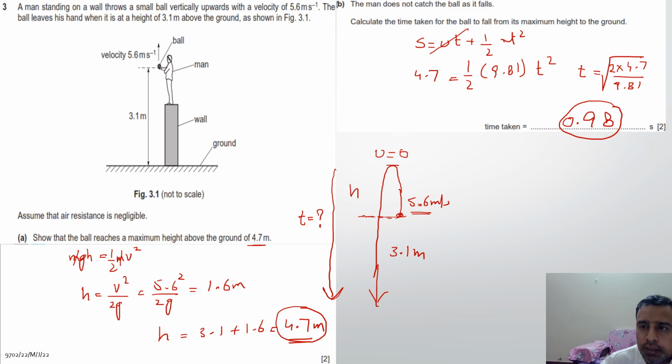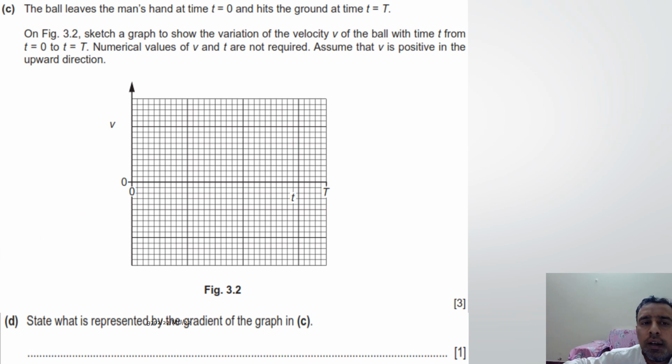Moving towards next part. In this part, part C, the ball leaves the man's hand at t0. When the time was 0, meaning when the body was traveling upward and the time was 0, at this time the velocity was 5.6. Yes, it's 5.6. Okay.